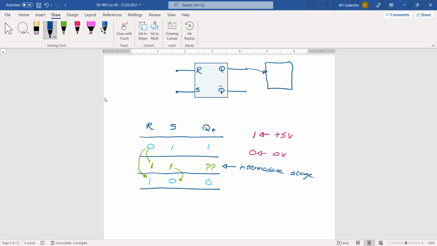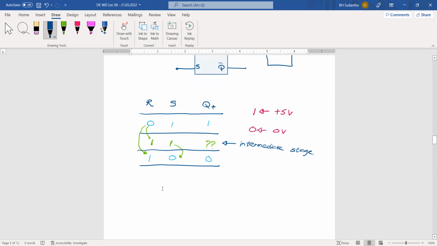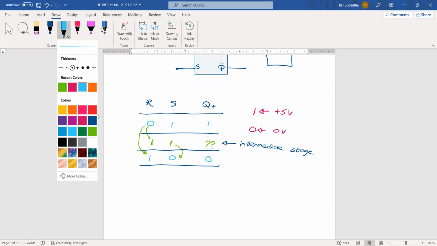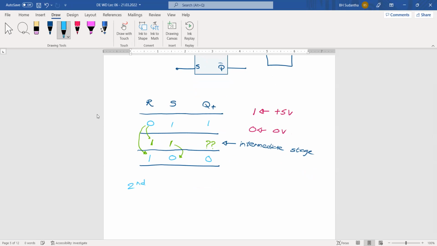Then this is the second issue of this RS flip-flop. What is the second issue? The first issue we have already identified. The second issue is that input values cannot be given simultaneously.